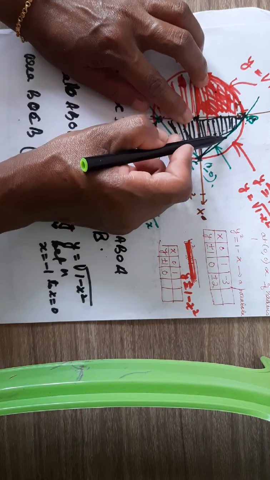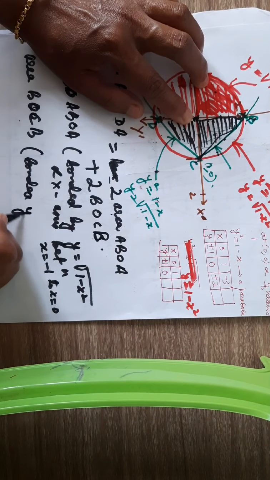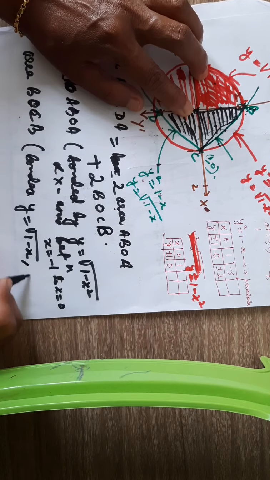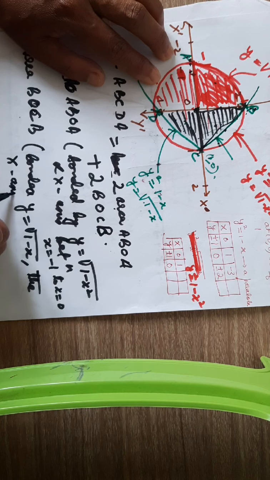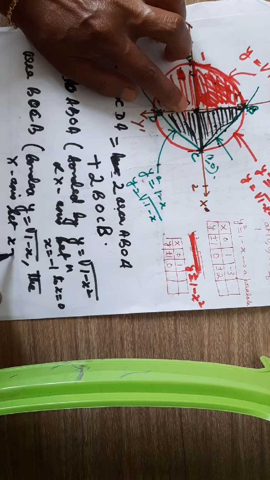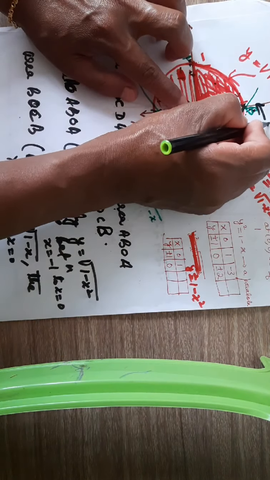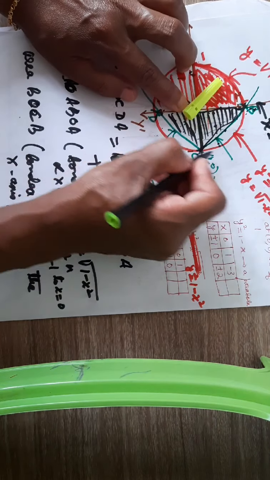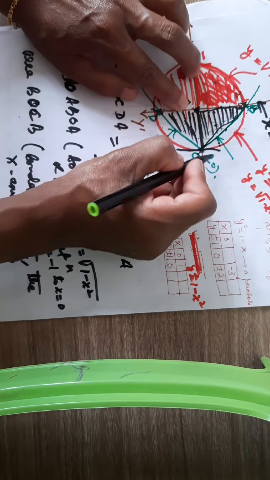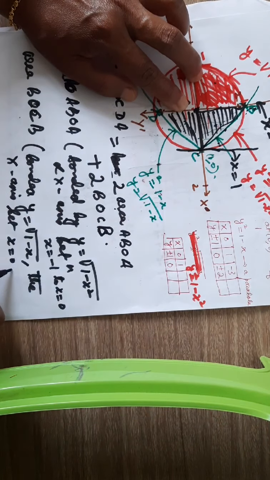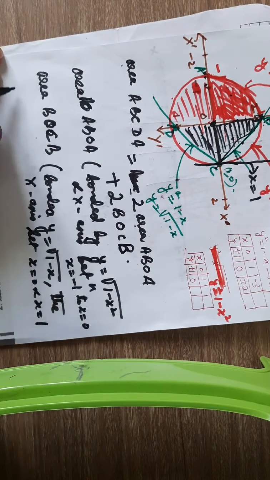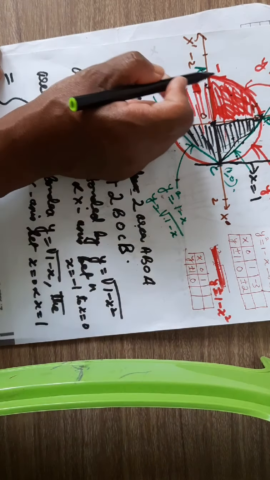between x is equal to 0, because the y-axis is always represented by the equation x is equal to 0, and x is equal to 1, since the radius of this circle is equal to 1. So for the first one, it will be the integral from minus 1 to 0.